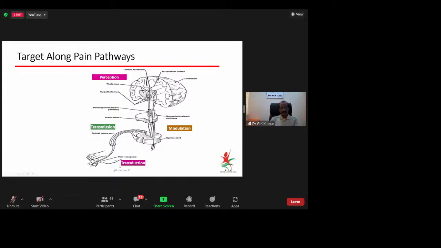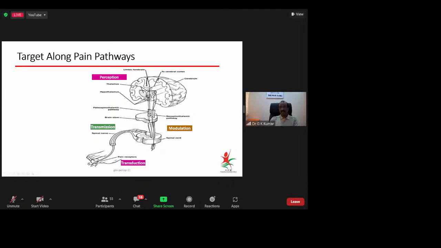It's a very simple one. What is the pain pathway? Transduction is something that happens in the peripheral receptors. Transmission is the passage of the action potential along the peripheral nerves up to the spinal cord, and it is transmitted along the tracts to the perception centers. So this is transduction, this is transmission, and then there is descending modulation through the descending fibers.